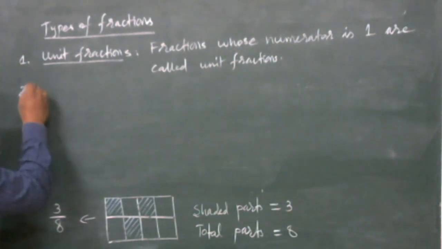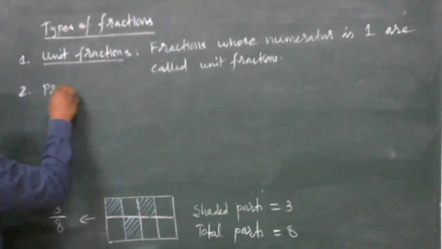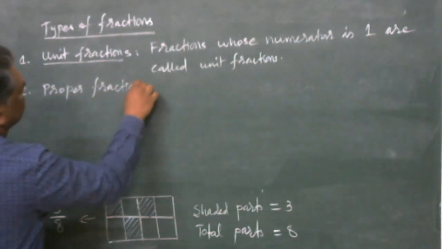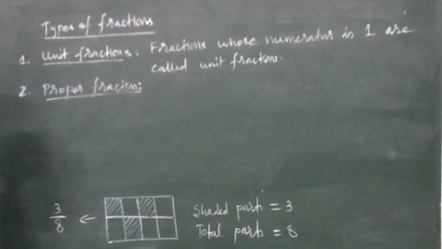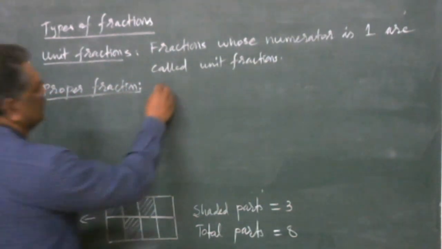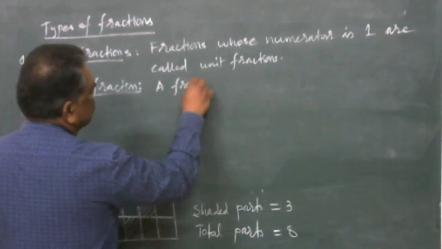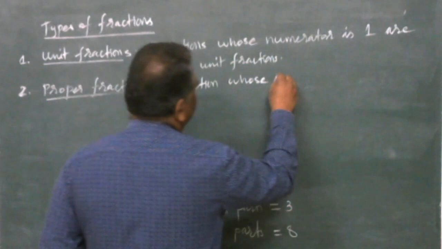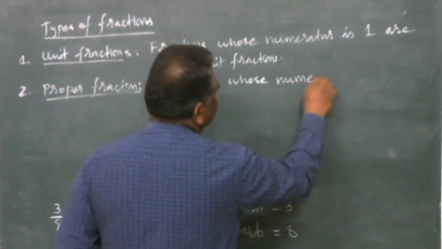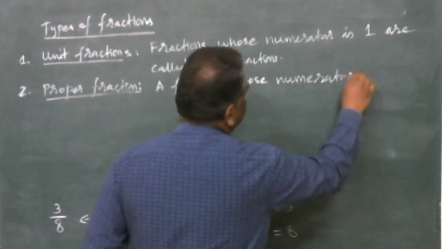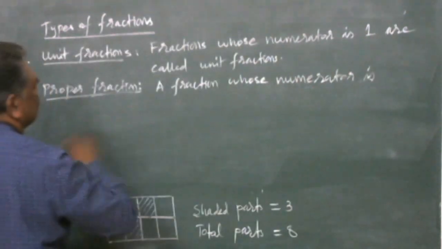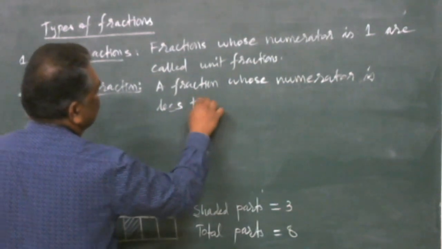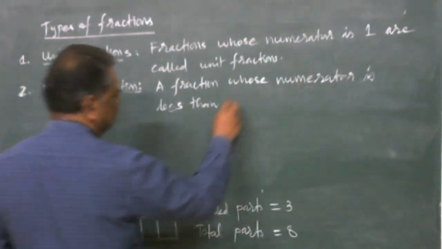Second type is proper fraction. What is a proper fraction? A fraction whose numerator is less than the denominator.